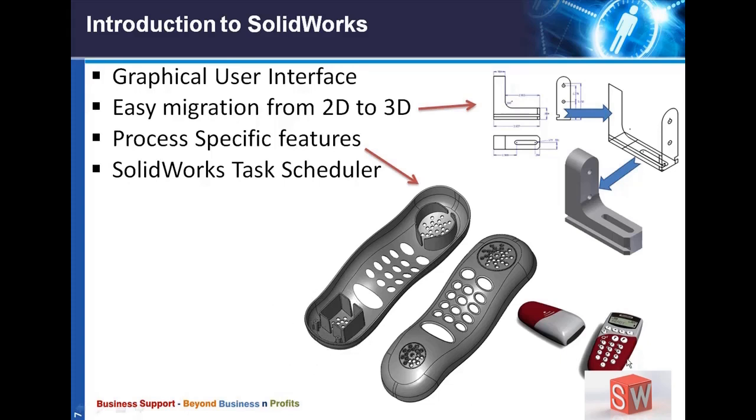And here you can see the shape will have a lip. There will be a provision to assemble two components. To create these types of plastic components, we require some specific features which you don't want to create. You can just call the feature and place it there. This is what we call process specific features.